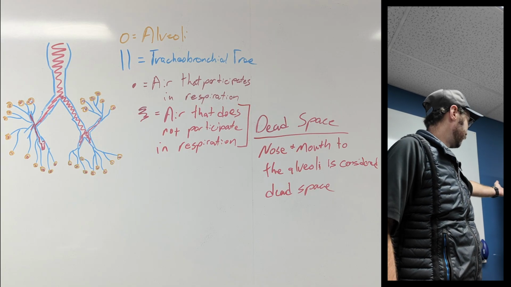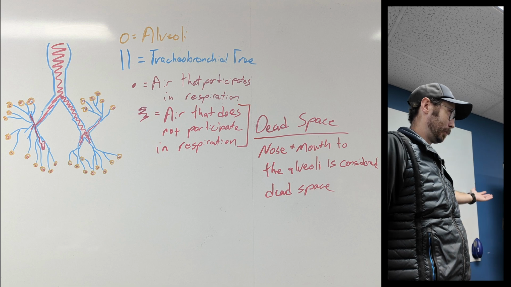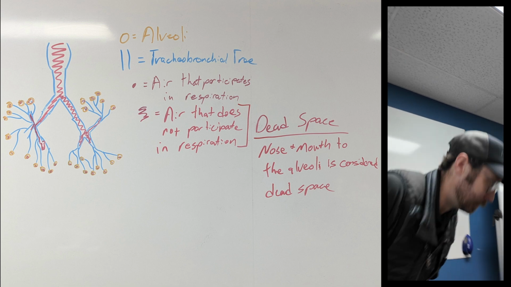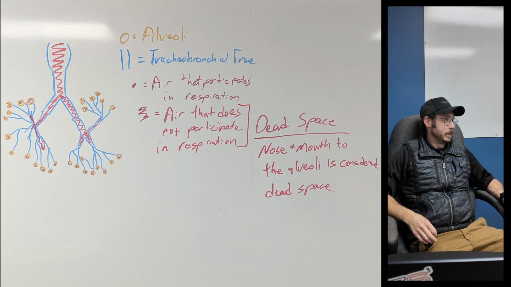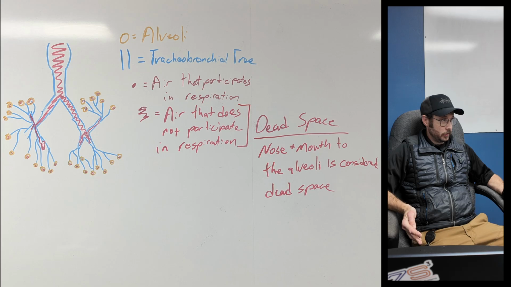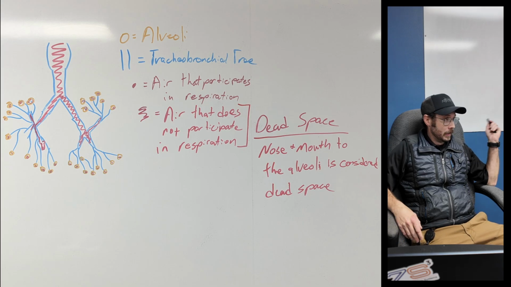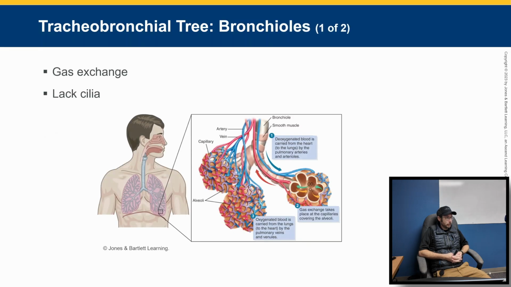Right? So a significant volume of the air that we breathe in and out never leaves the dead space. Now, there's a much higher concentration of the alveoli in a real lung compared to what I drew up here. You've got thousands of those little tiny alveoli inside each lobe of the lung. So your volume in the alveoli is still quite significant. However, there is still a good portion of the air that you breathe in that never participates in the gas exchange.